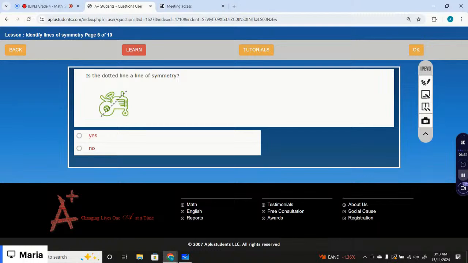Is the dotted line a line of symmetry? The correct option is no, that isn't a line of symmetry.